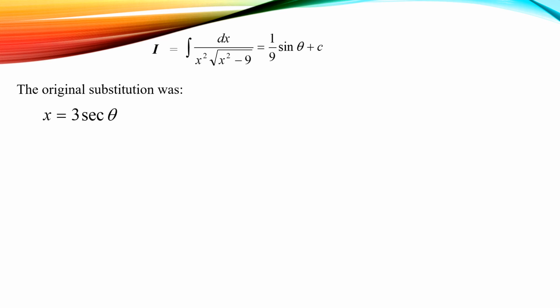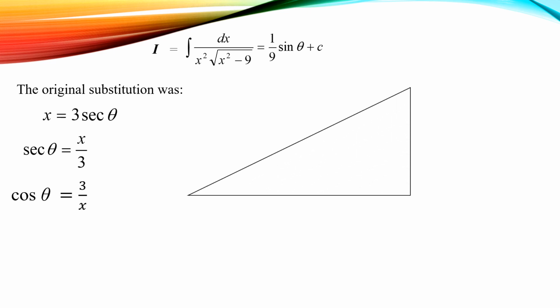If we rearrange this equation, we get that the substitution for secant of angle theta would be x over 3. And since secant is the reciprocal of cosine, or cosine is the reciprocal of secant, cosine of the angle theta must therefore be 3 over x.